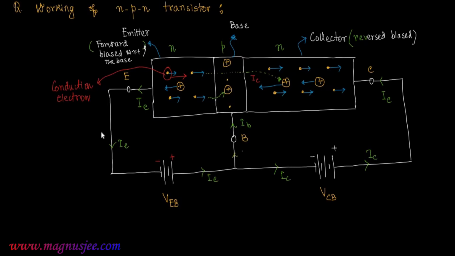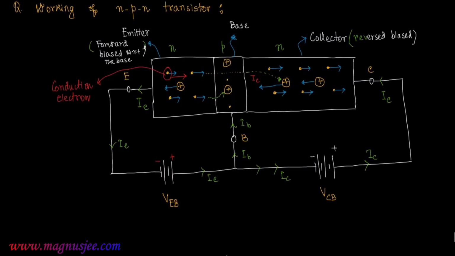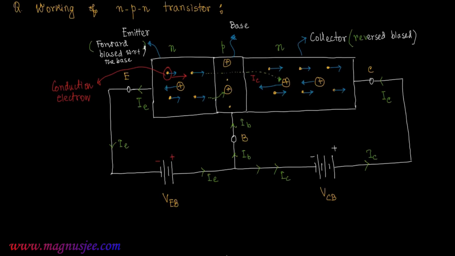So this is emitter current IE, and that will flow as IB and IC in this branch. So this is the working of NPN transistor.